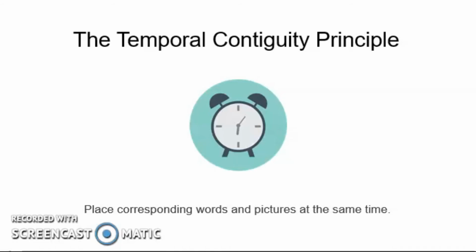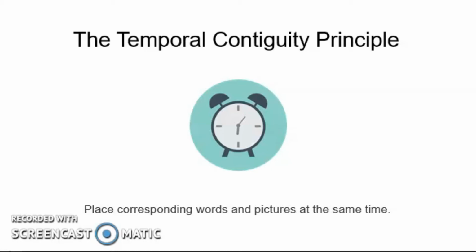Now let's move on to the temporal contiguity principle. As the name suggests, temporal refers to time. So according to this, the corresponding words and pictures should be given at the same time, concurrently, simultaneously. What happens is that sometimes we verbally tell the whole process in which there are multiple steps, then we present the graphics.